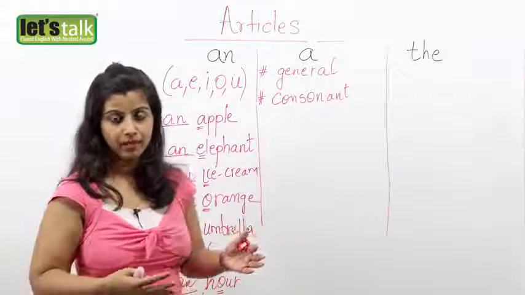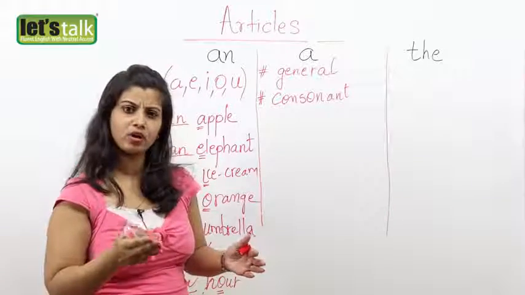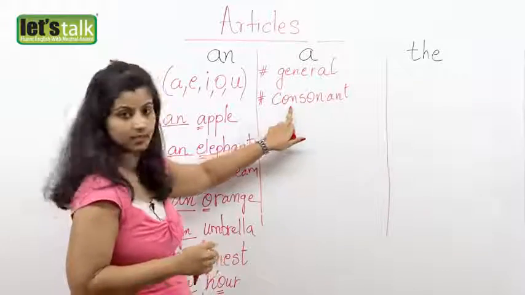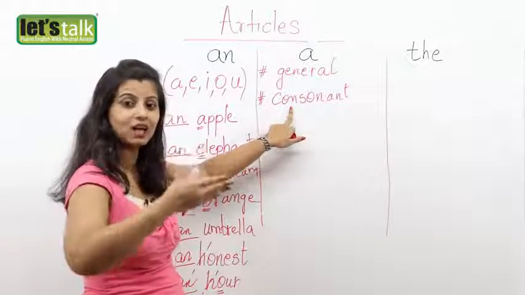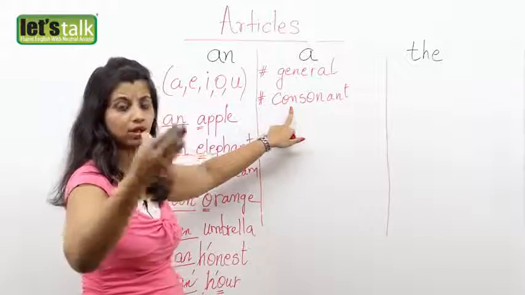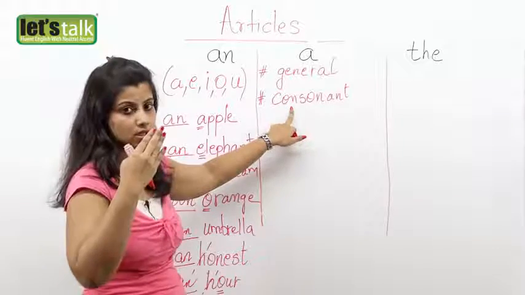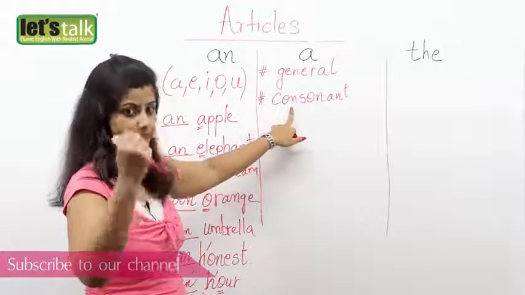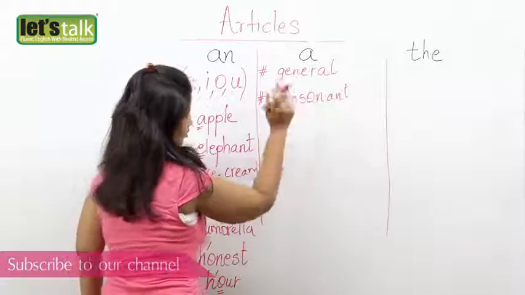Like I gave you an example of a book. Book, the letter B is a consonant. That is why I'm going to say "a book". A ship, so S again is a consonant. So I'm going to say "a ship". So that is one and two.